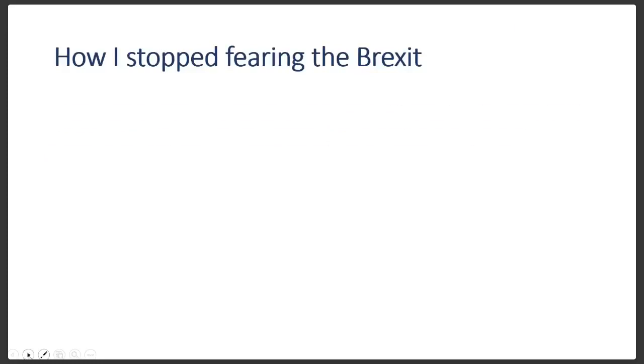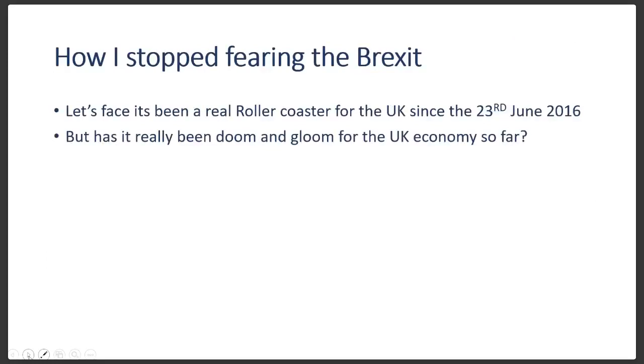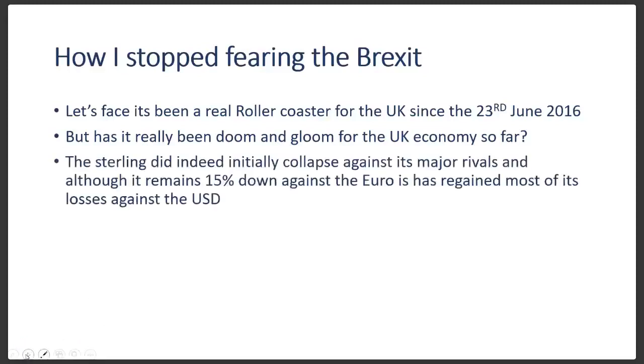Now, let's be absolutely open and let's face it, it's been a real roller coaster for the UK since the 23rd of June 2016, since that vote. But all in all, it hasn't really been doom and gloom for the UK economy, so far. The sterling, like we've already mentioned, did indeed initially collapse against its major rivals.